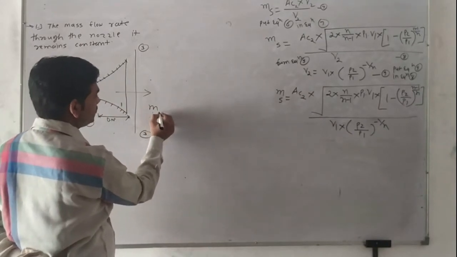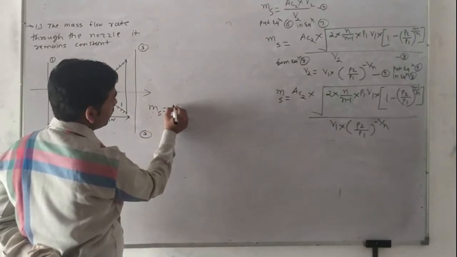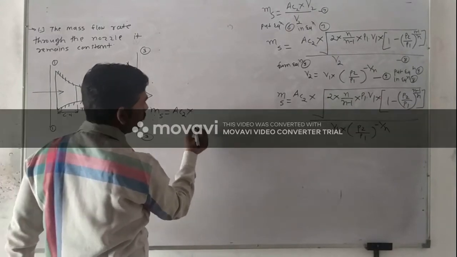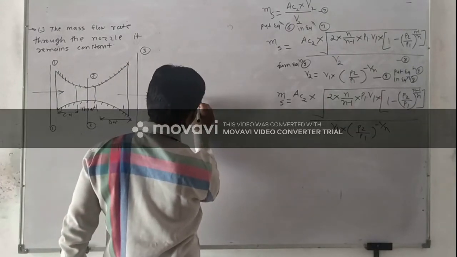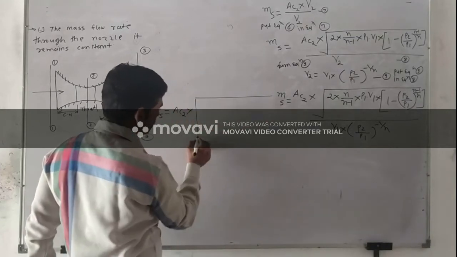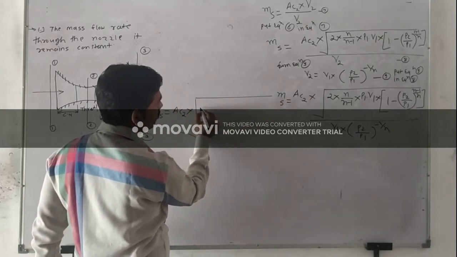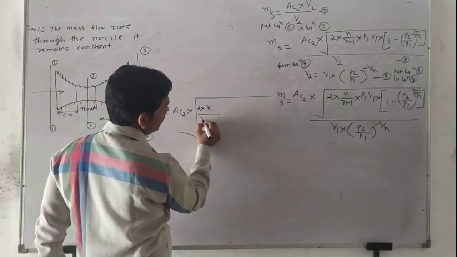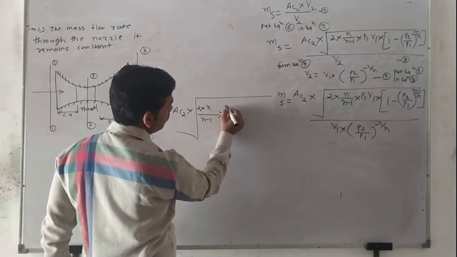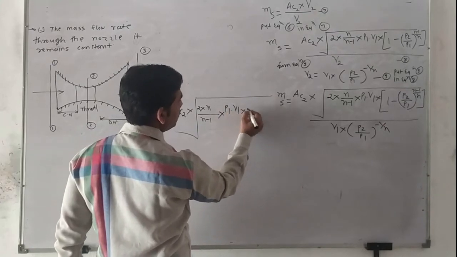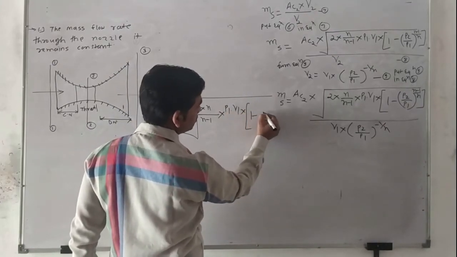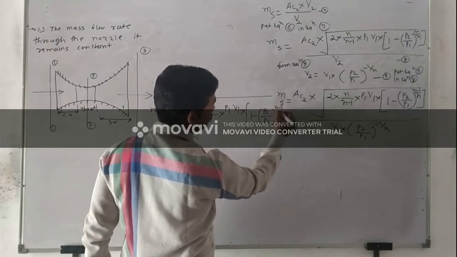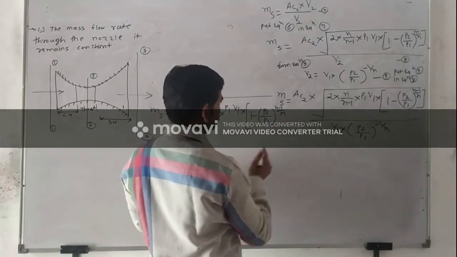So ms is equal to Ac2 into the biggest square root of twice n upon n minus 1 into P1 V1 multiplied by in bracket 1 minus P2 upon P1 to the power n minus 1 upon n.